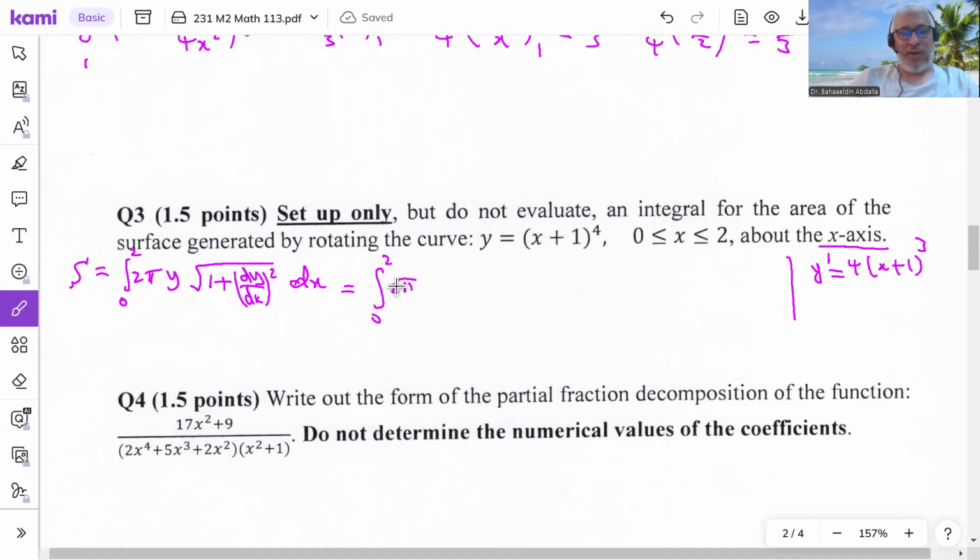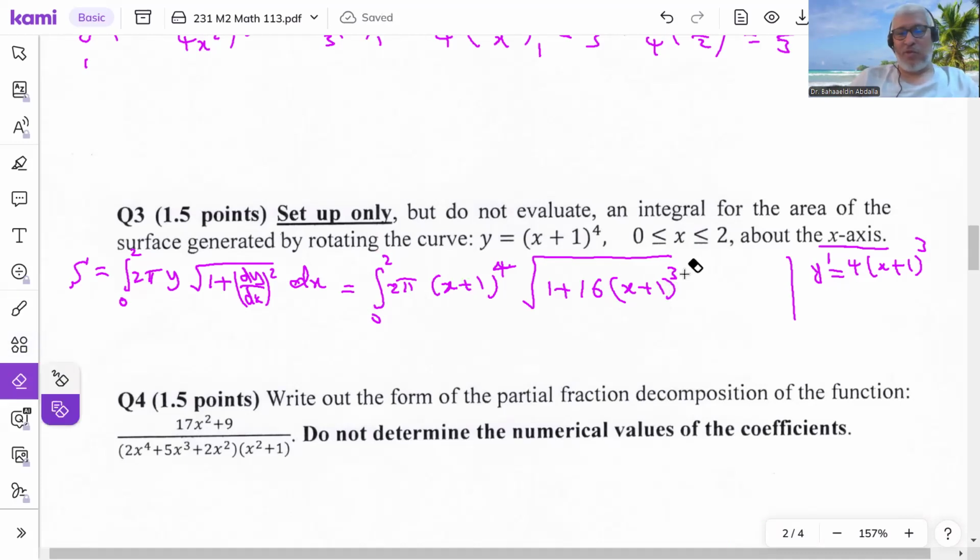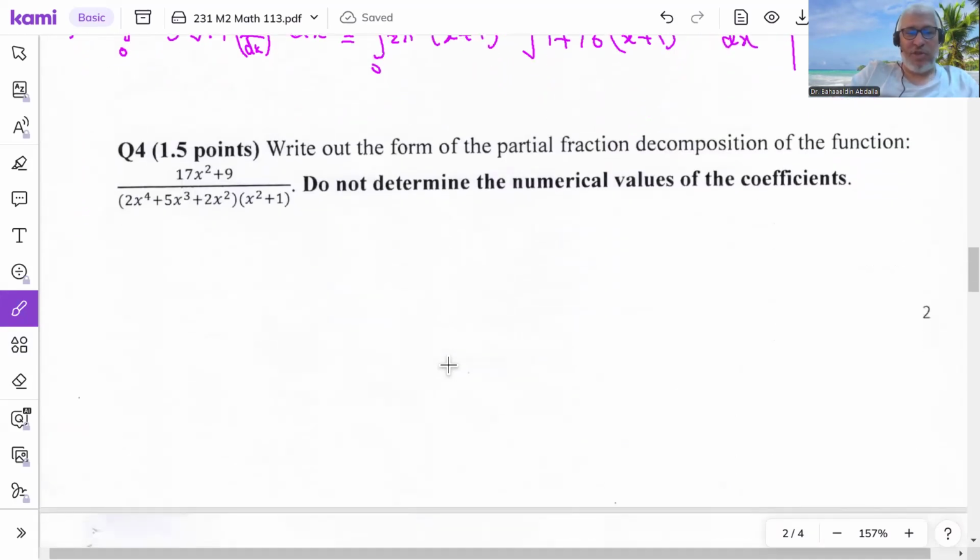So I have 2 pi, and y I write as (x plus 1) to the power 4 from here, and then square root of 1 plus the derivative squared. Well, if you square 4, 16, and (x plus 1) to the power 3 raised to the power 2, we multiply 2 times 3, and we have 6, dx. So this would be the integral, setting up the integral, and that's all the question needs.